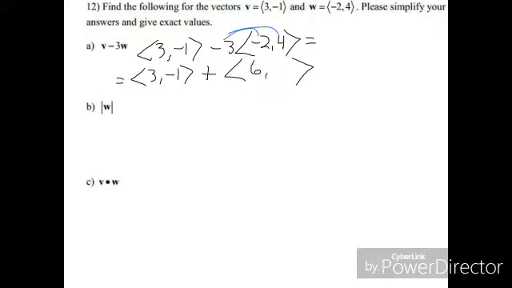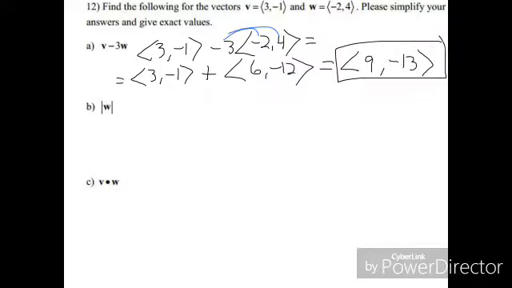That would be 6, -12. I like to add vectors personally. Now we just add components. 3 and 6 is 9. And -1 and -12 is -13. Easy, easy.